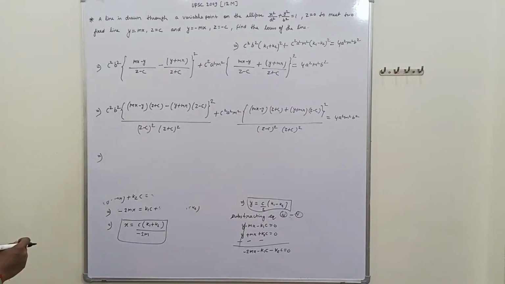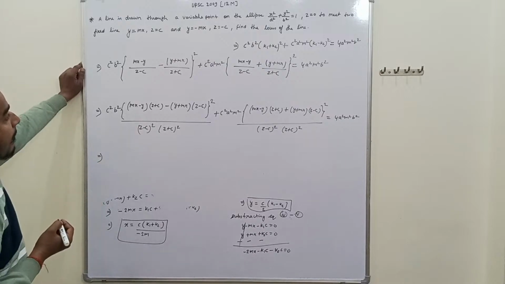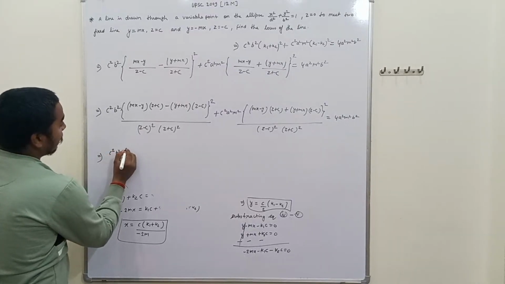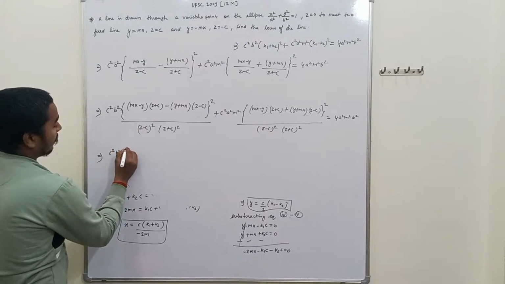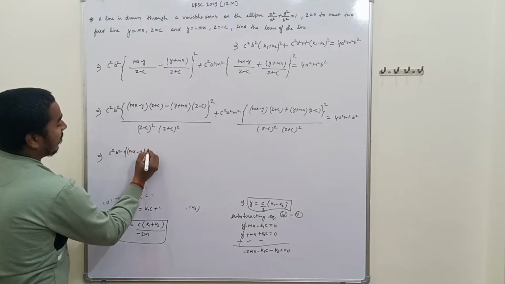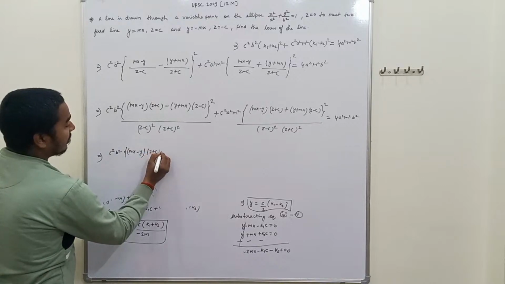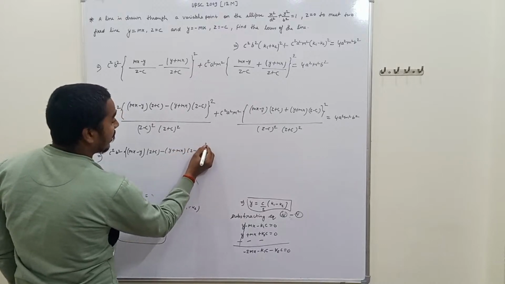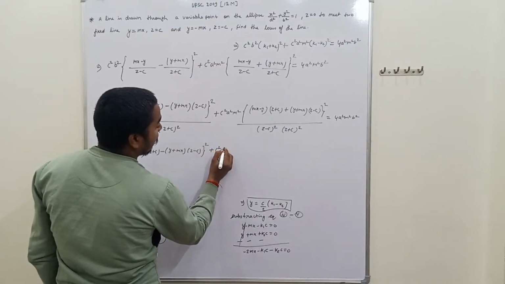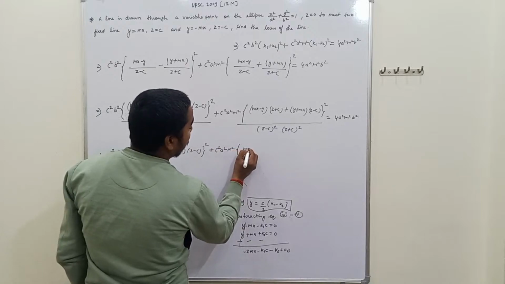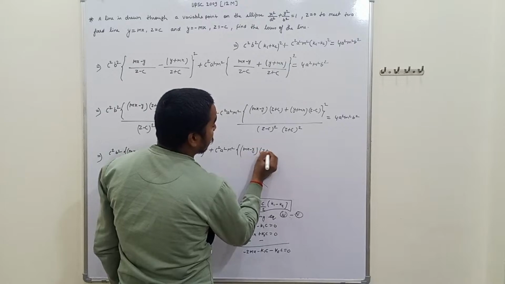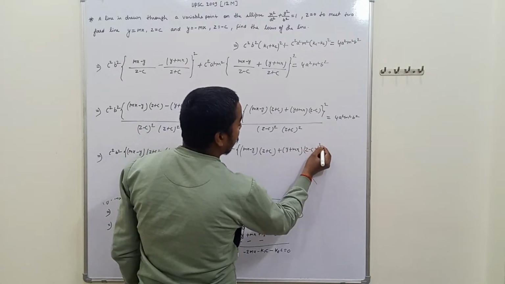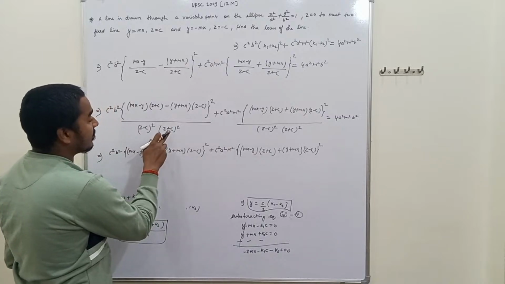Further we have to put once again c square b square into (mx minus y) and (z plus c) minus (y plus mx) into (z minus c) square plus c square a square m square into (mx minus y) and (z plus c) plus (y plus mx) into (z minus c) whole square, and LCM are (z minus c) whole square and (z plus c) whole square.